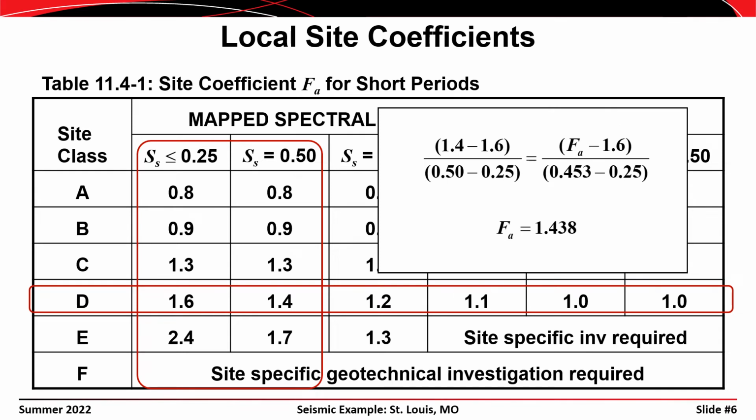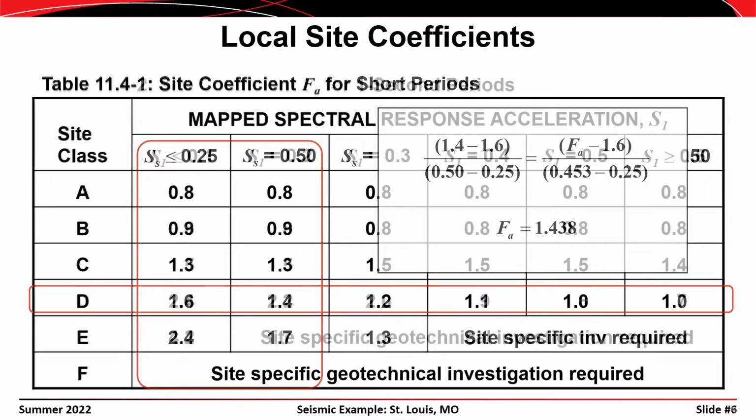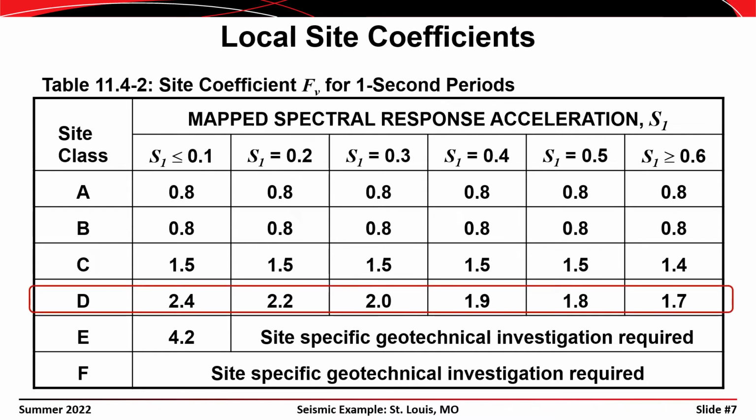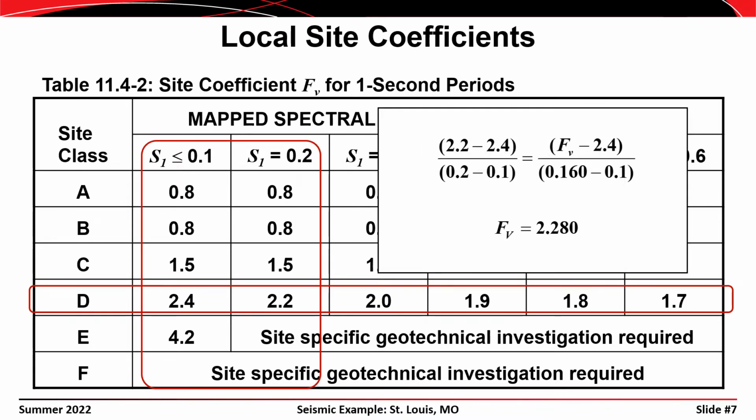Interpolation is permitted in this case, and by interpolating we can determine that F sub A should be equal to 1.438. Similarly, referring to table 11.4-2 for the site coefficient F sub V, again for a site classification D, and for an S sub 1 value between 0.1 and 0.2, we can interpolate and find that F sub V should be equal to 2.280.